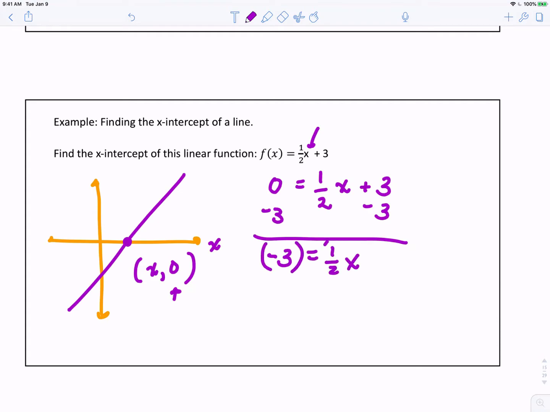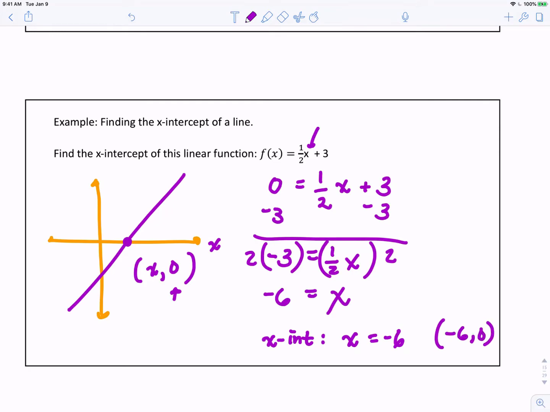And then to finish this off, we'll multiply both sides by 2. And so we have a solution of x is equal to -6. So this line would have an x-intercept at x is equal to -6. In other words, the line is going to go through the point (-6, 0).